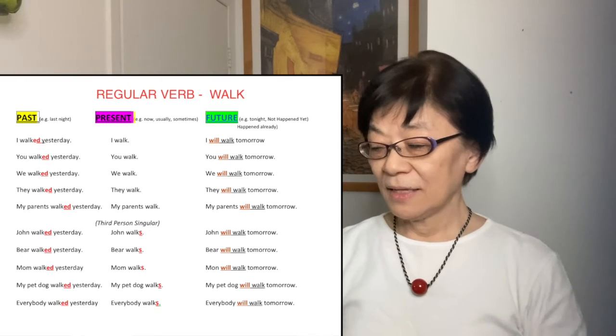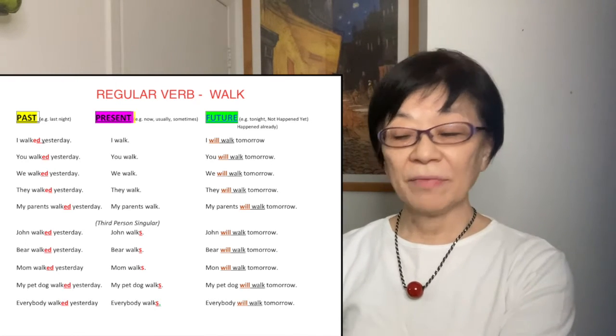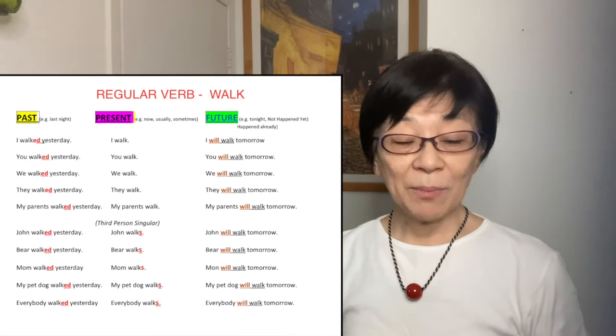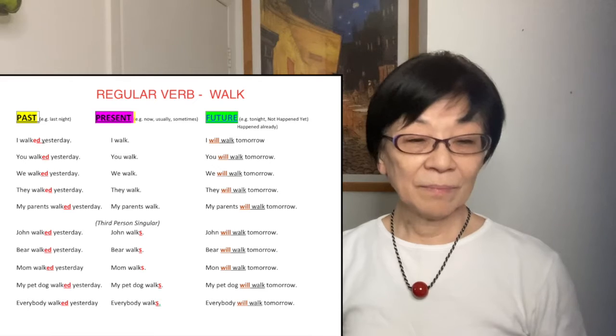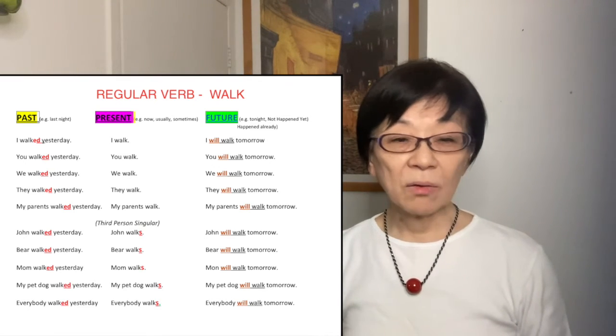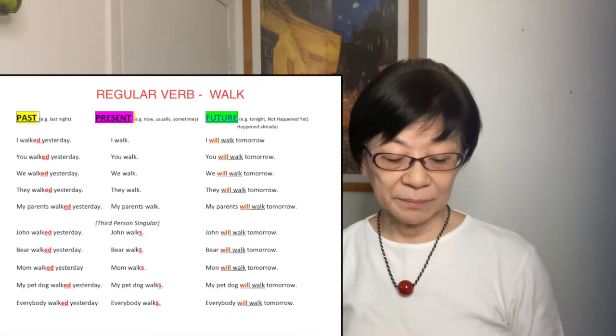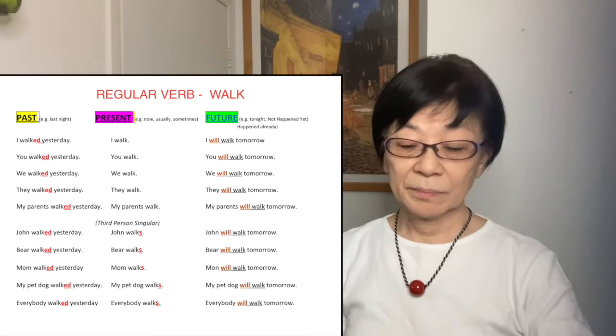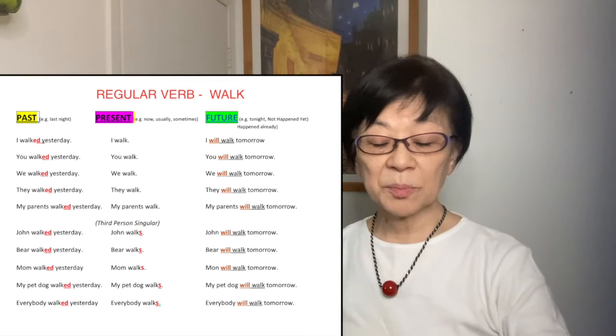Now look at the future on the right column. What do you notice? Mohammed? Right. They all have a new word called will, W-I-L-L. Now check from the top to the bottom. Is there a third person singular?